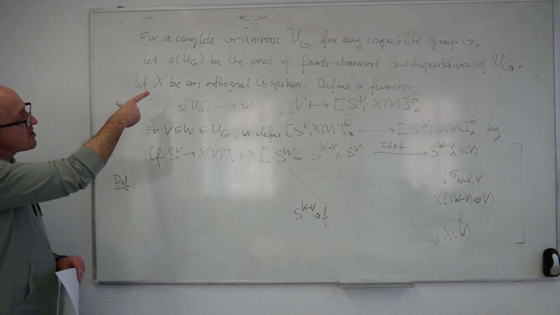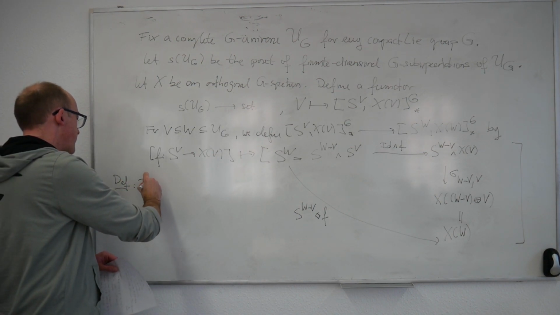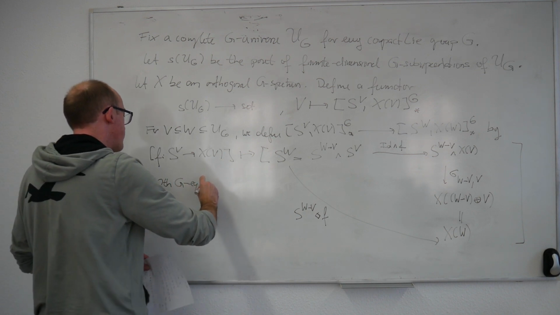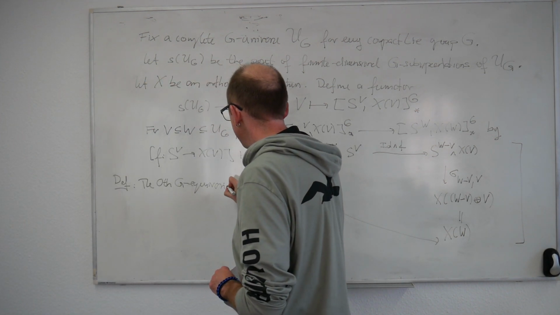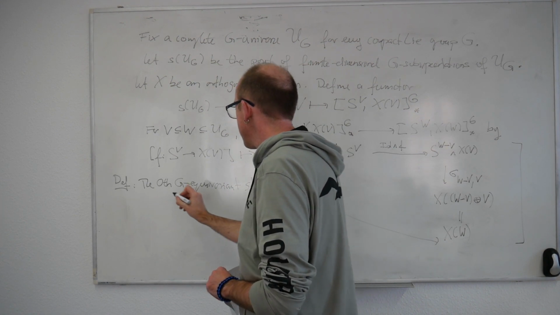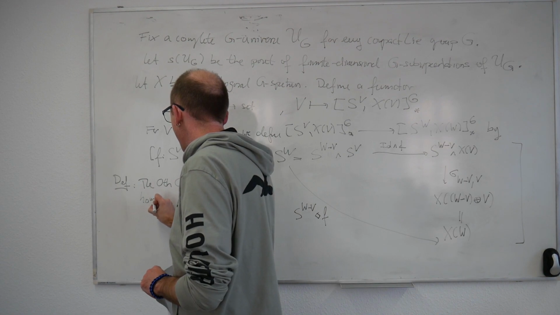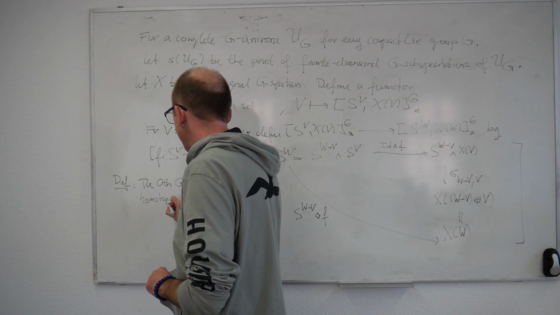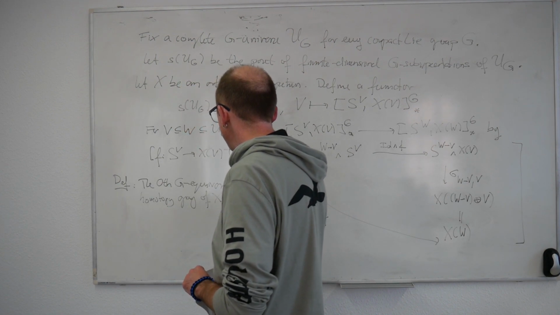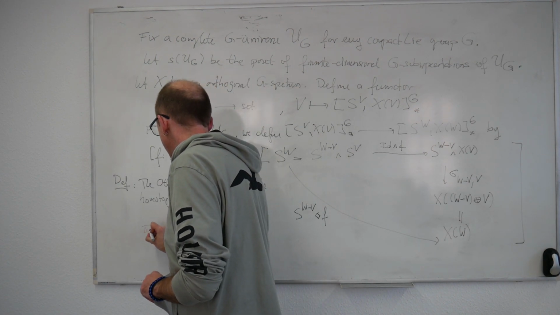So X is an orthogonal G-spectrum as above. So the zeroth G-equivariant stable homotopy group of X is the colimit over this functor.